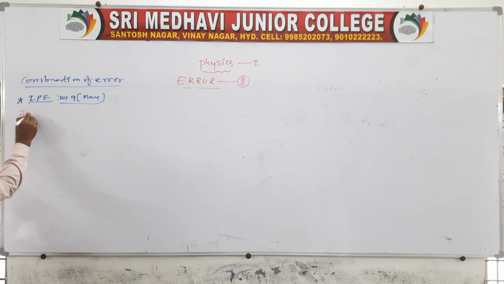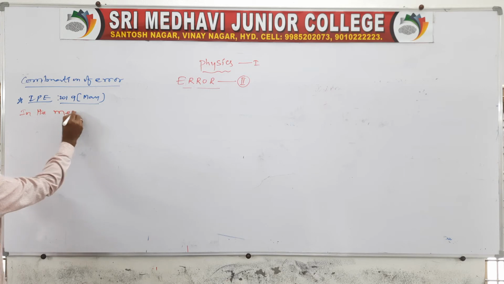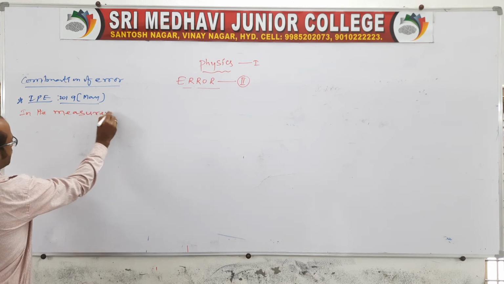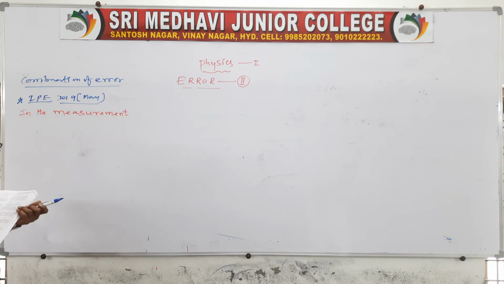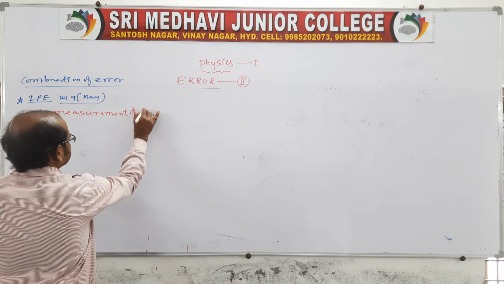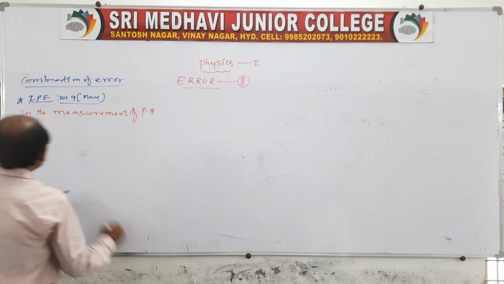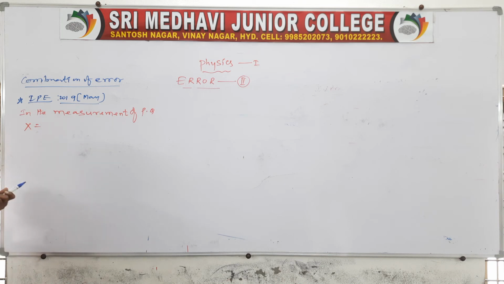In the measurement of a physical quantity, X is given as a square B by C power 1 by 3 d cube.